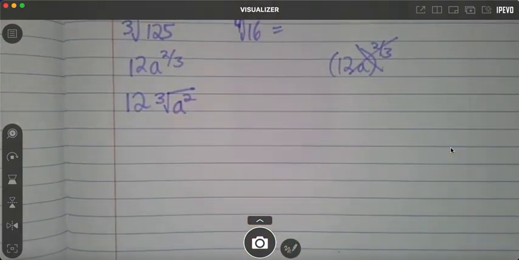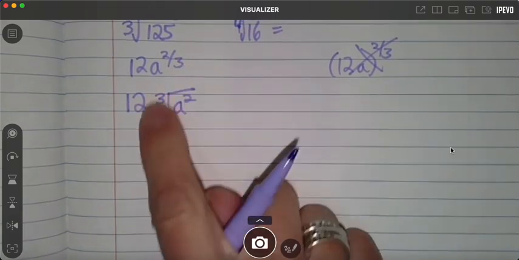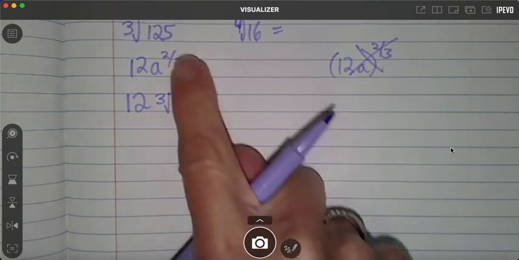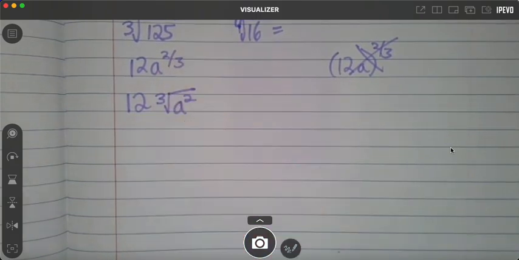That's what you do when there's a fraction as an exponent. That could be a basic ACT question at the very beginning of the math section. If you don't know those exponent rules, like fraction exponents, then you wouldn't know that. You just remember the bottom number is the root, and then the other number stays inside there.